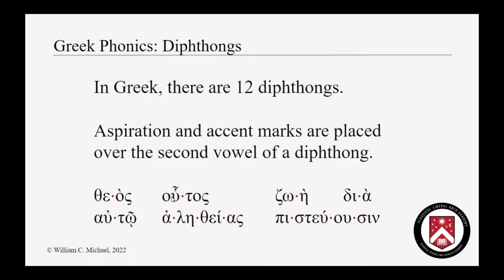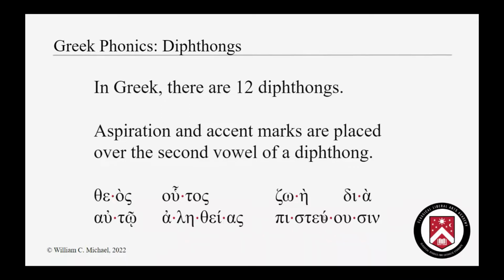We see that here. We also see it here. We see alpha upsilon diphthong with the soft breathing mark over the second vowel of the diphthong. We also see that here. Epsilon iota with the acute accent mark written over the second vowel of the diphthong. And lastly, we see it here.